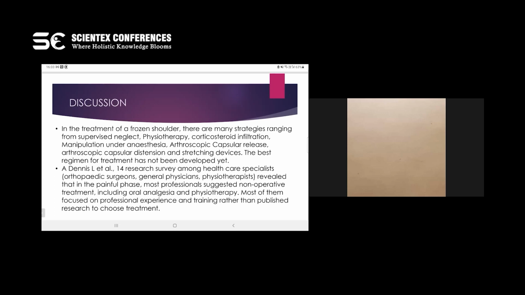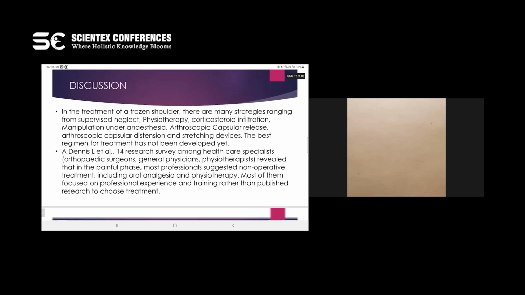And now, for example, in our study, we have compared the efficacy of MUA with arthroscopic capsular release. So there is no particular study showing that this is the best treatment for frozen shoulder or adhesive capsulitis. So there are many studies, each showing that one particular treatment protocol fared better than the other.